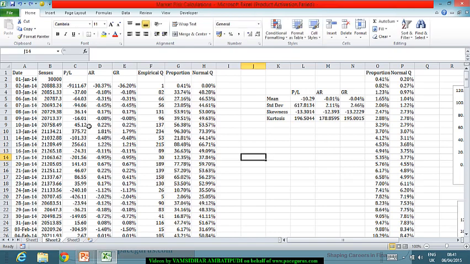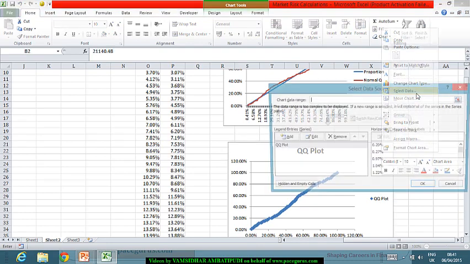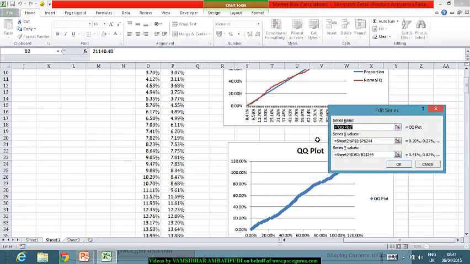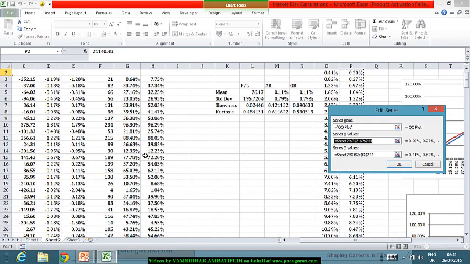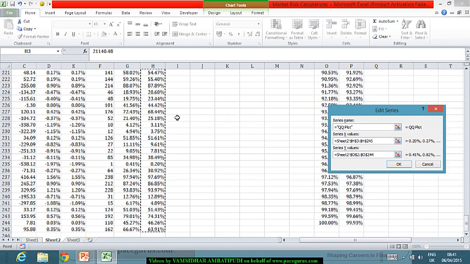If I go back and replace the value, I could see that the QQ plot comes closer and closer to normal itself.